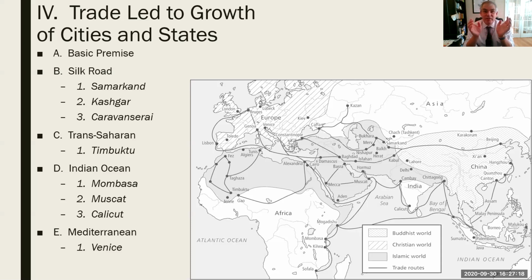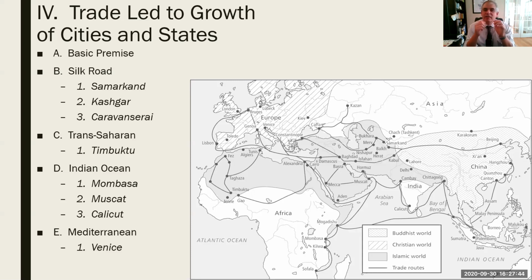The Mongols eventually are going to conquer this city, but it becomes a center of trade because it's the midpoint through the Silk Road. So it becomes an important area of commerce and trade. Craftspeople are going to settle there to sell their goods. Merchants are going to interact there. And Samarkand is going to develop as a significant city of trade along the Silk Road.